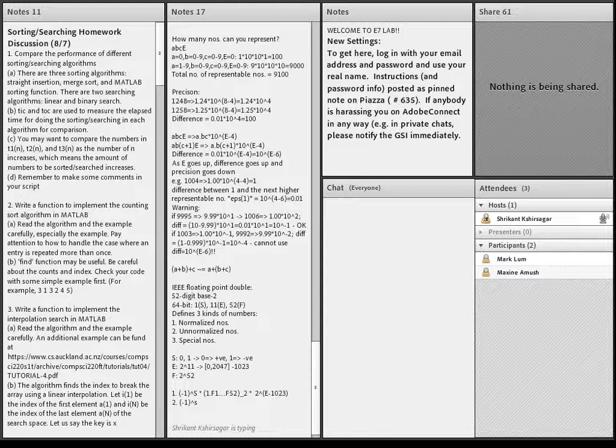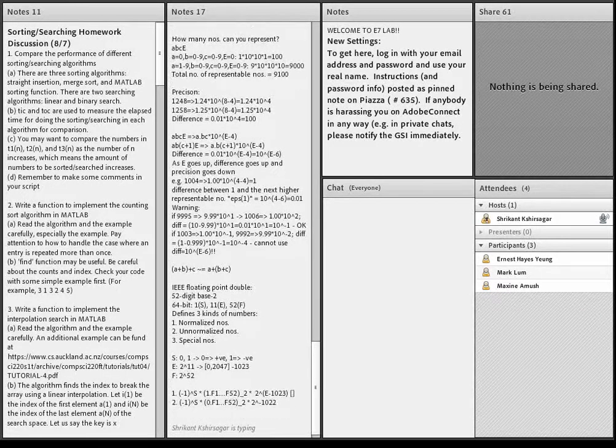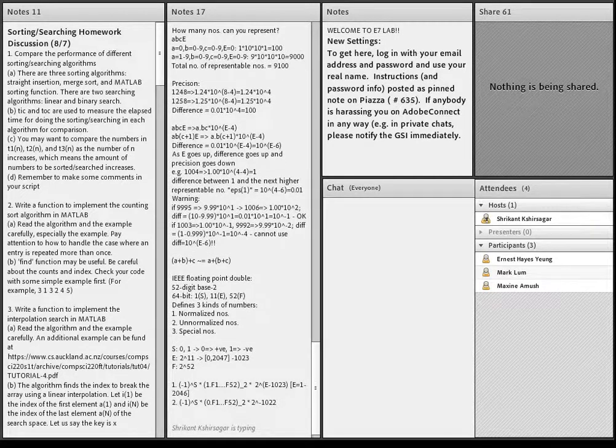It's almost entirely the same as the normalized numbers, with the small difference that instead of 1 you have 0 point f1 all the way until f52 in base 2, times 2 raised to minus 1022. Okay, I'll come to special numbers in a second. Here the range of e for normalized numbers is from 1 to 2046.